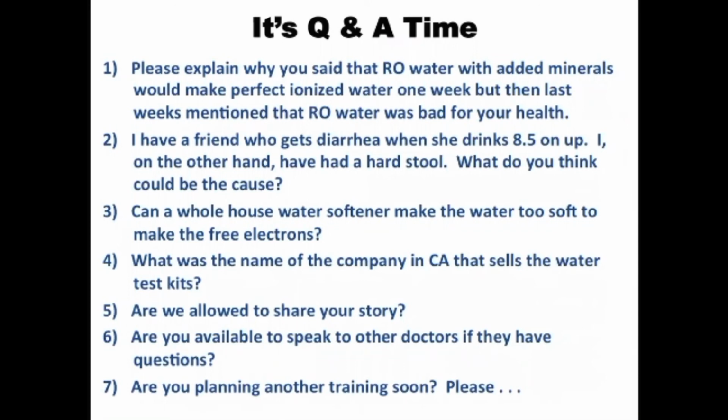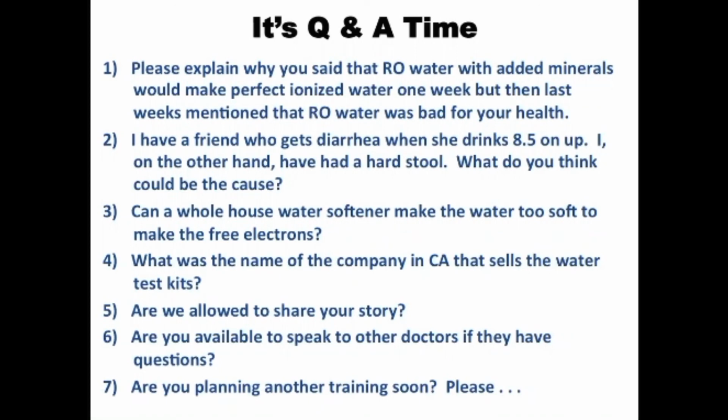It's highly oxidative, but it's clean. So if you were to take that RO water and add enough of the specific minerals back in so that you could ionize it, because it doesn't have enough minerals to ionize. If you try to ionize RO water, nothing happens because it doesn't have enough minerals in it to conduct electricity.